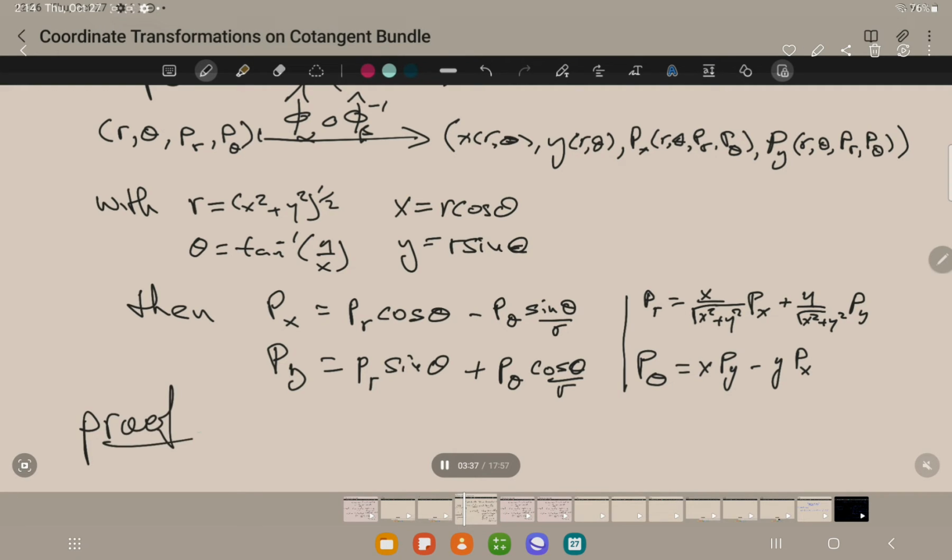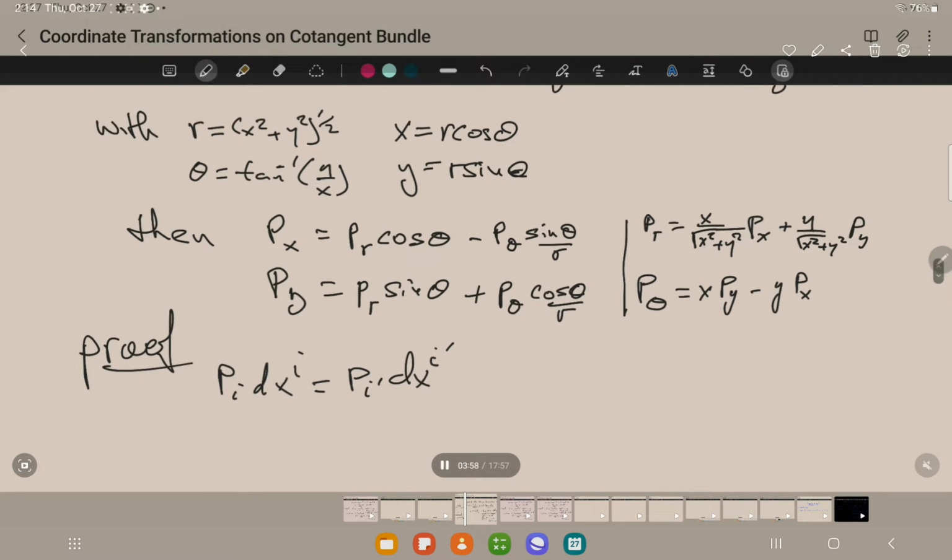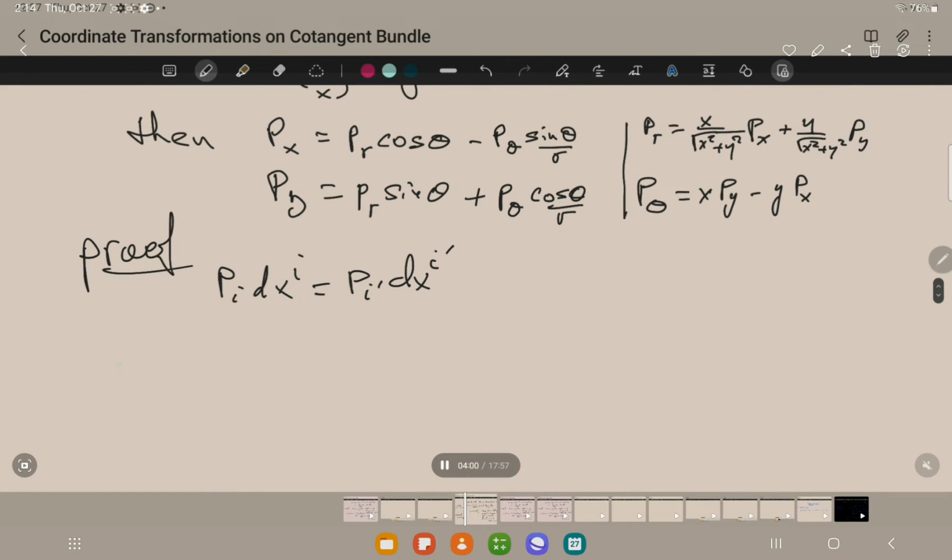All right, here's the proof. All we need to show is that the covector pi dxi is equal to some new components, pi prime dxi prime, where dxi prime is a new basis. If we can show that, we're done.